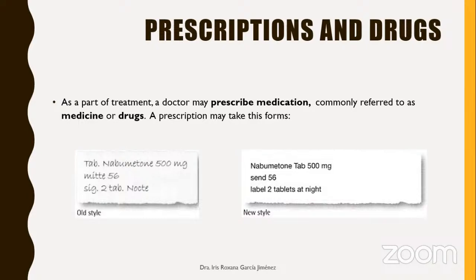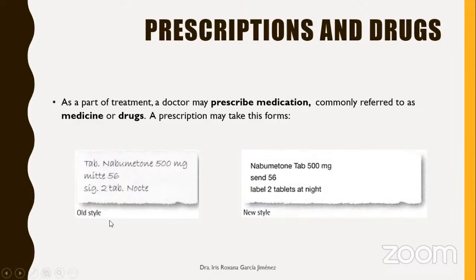So taking it into account, as a part of treatment, a doctor may prescribe medication, commonly referred to as medicine or drugs, of course. And a prescription may take these forms.